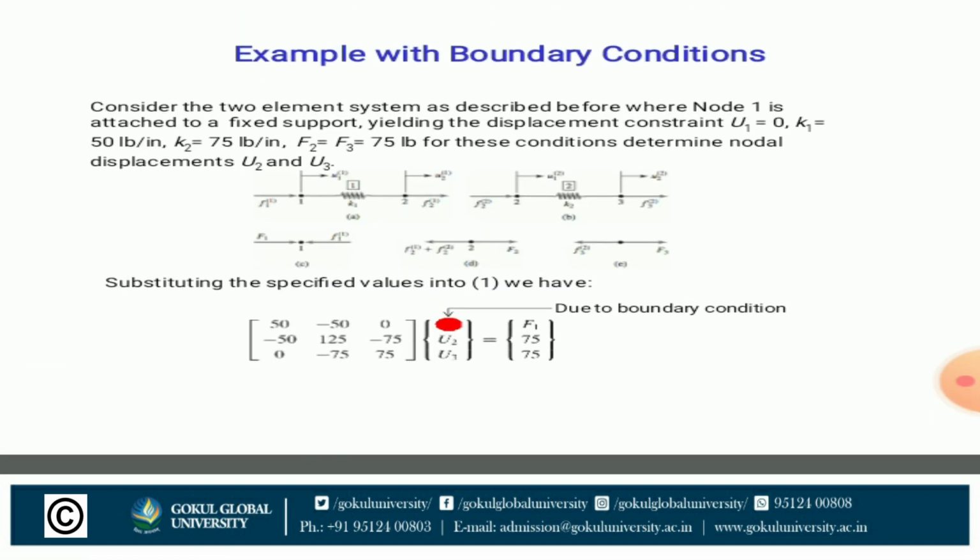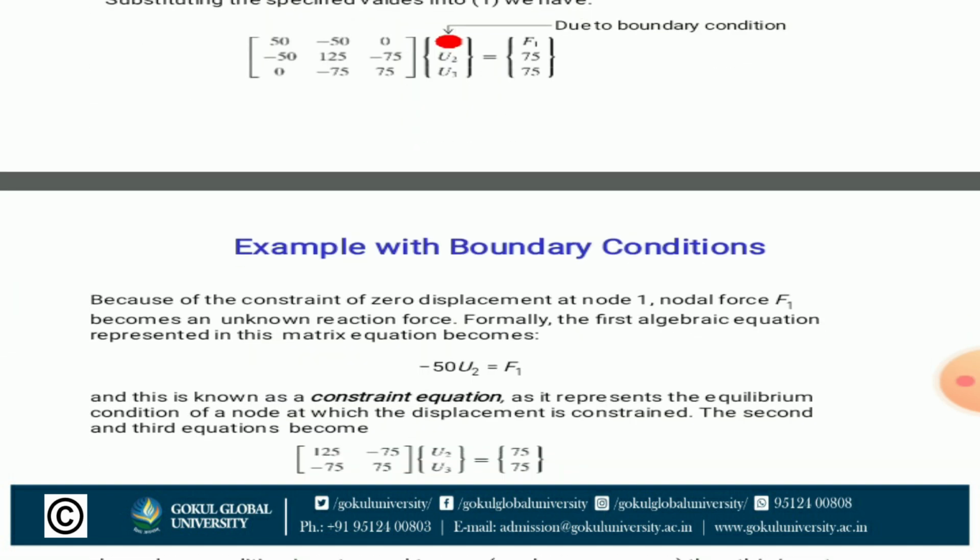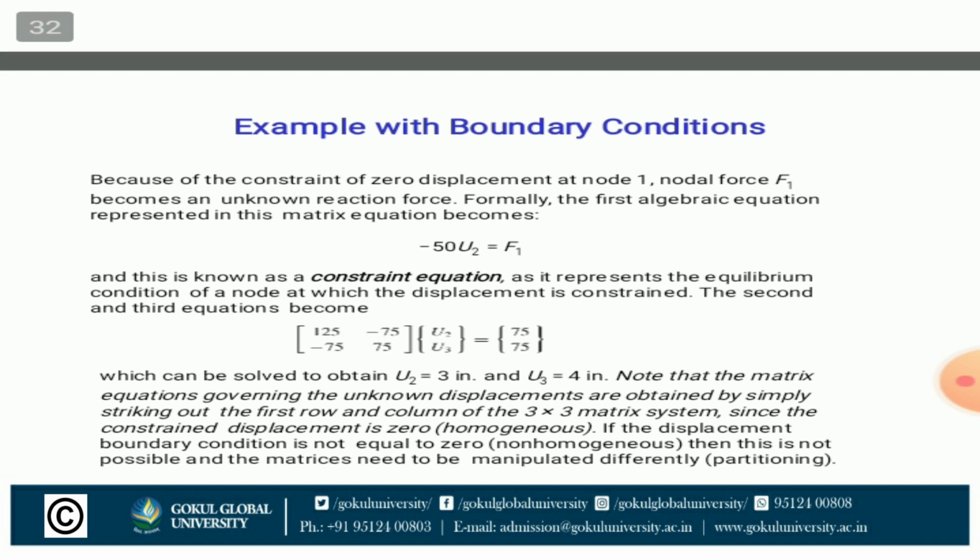The matrix is [50, -50, 0; -50, 125, -75; 0, -75, 75]. Due to the boundary conditions, u1 is 0 because it is a fixed boundary condition, u2, u3 and f1 are unknown parameters, and f2 and f3 are already given. Because of the constraint of 0 displacement at node 1, the nodal force f1 becomes an unknown reaction force.